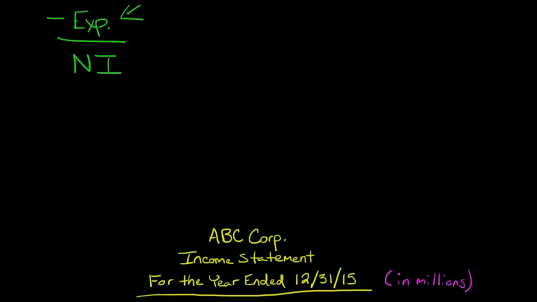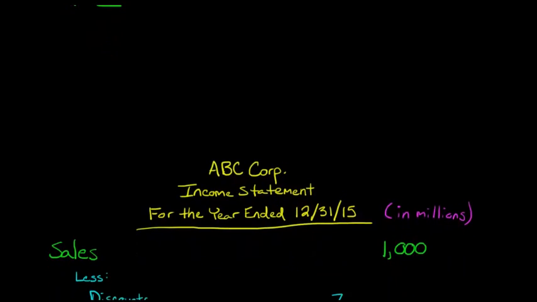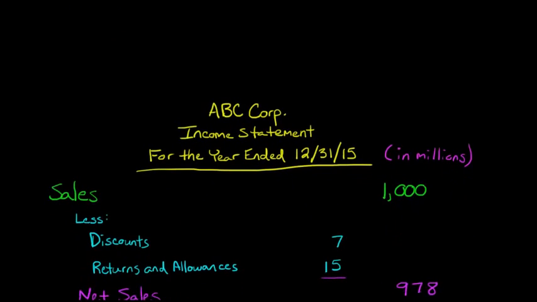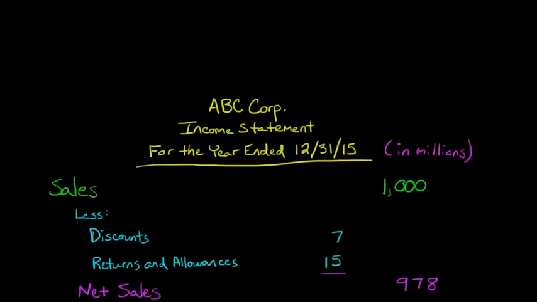The numbers, which can be large for some firms, are typically just in millions or thousands. So this number is not just saying that the firm had $1,000 in sales. It's like saying 1,000 million. If this was in thousands, this would be a million, but given it's in millions, it's actually a billion. So this firm had $1 billion in sales.